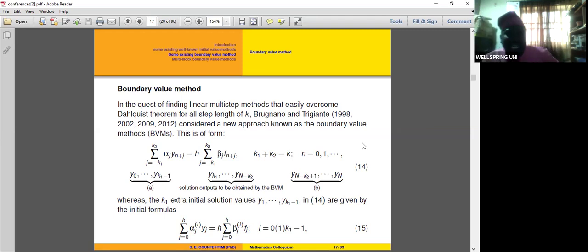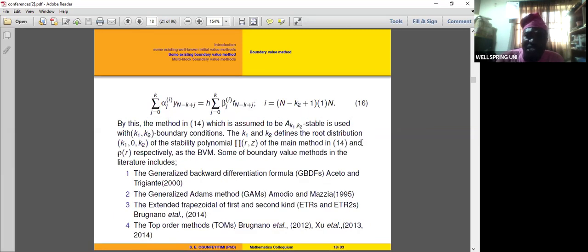As stated here, there are k1 extra initial solution values in 14, and the formula for it is given in 15. For the final one it is given in 16. One of the advantages of the boundary value method is that when you are developing this method, you develop the initial and the final concurrently with the main method. The three move together simultaneously.